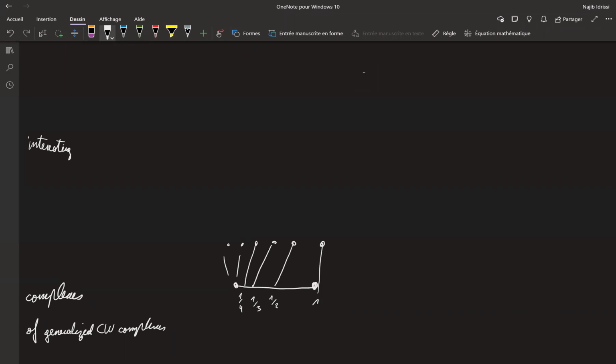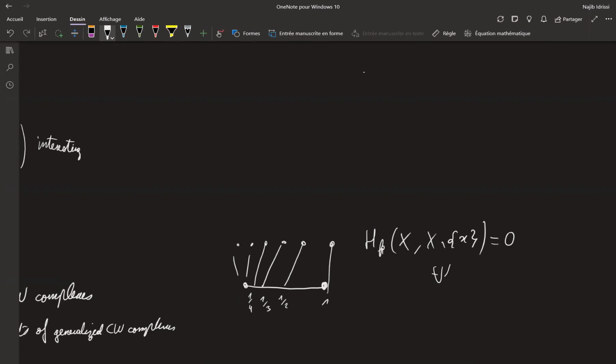You can read the example in my notes, but basically the idea is that if it were a CW complex, then it would have dimension 1, because H_k of X relative to the vertices, the relative homology, is 0 for all k greater than 2 and for all x.